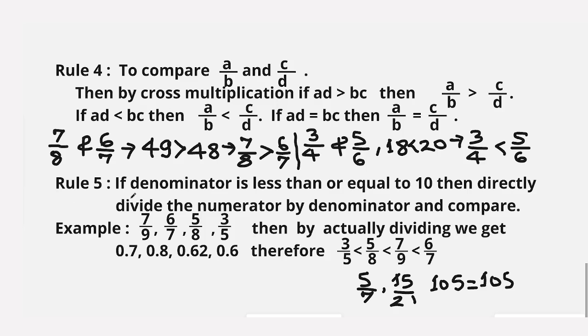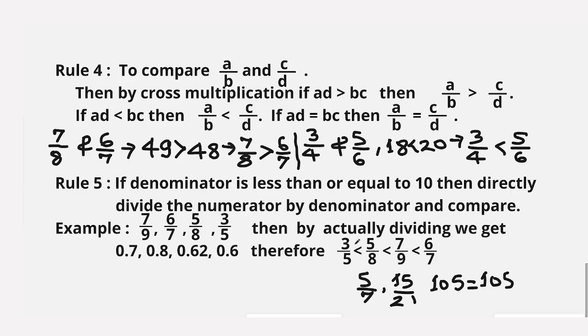Rule 5. If the denominator is less than or equal to 10, then directly divide the numerator by the denominator and compare. For example, the given fractions are 7 upon 9, 6 upon 7, 5 upon 8 and 3 upon 5.